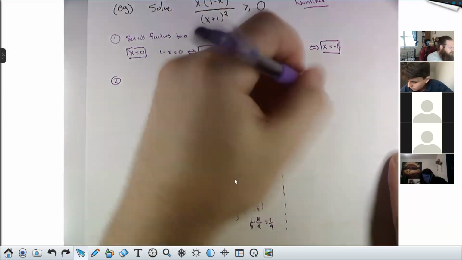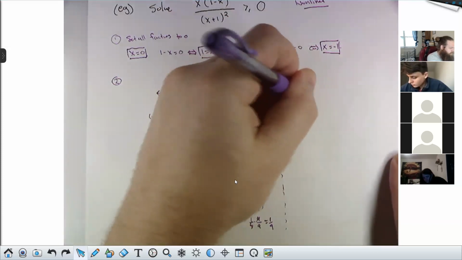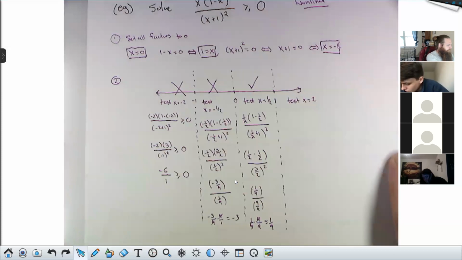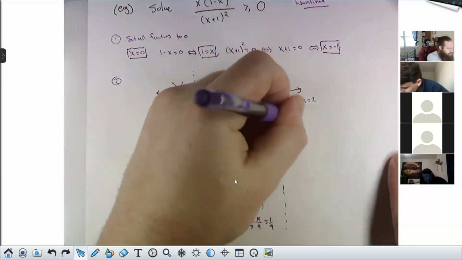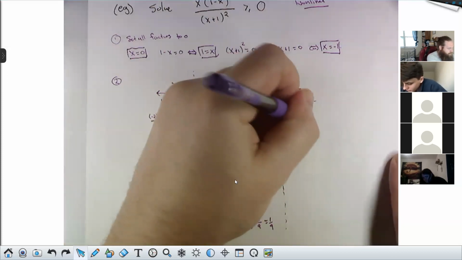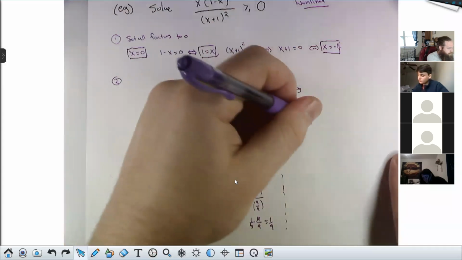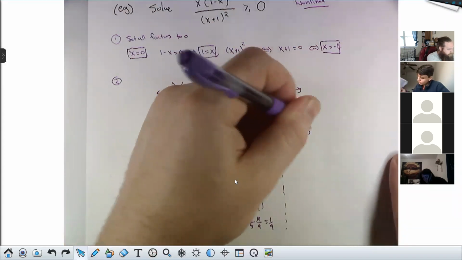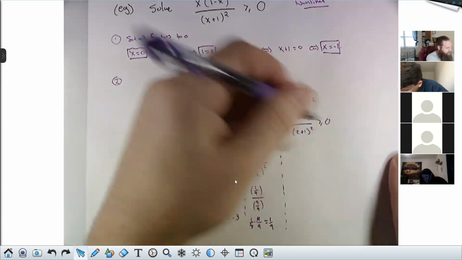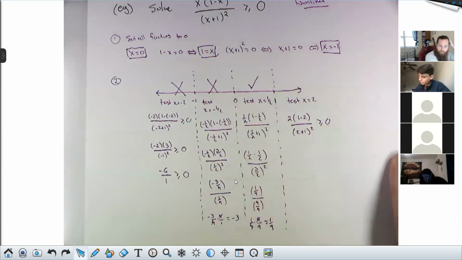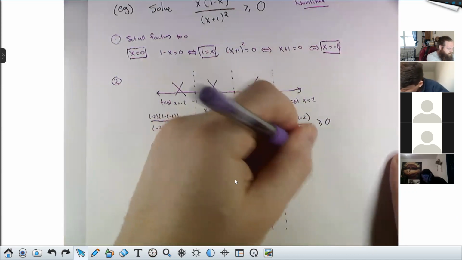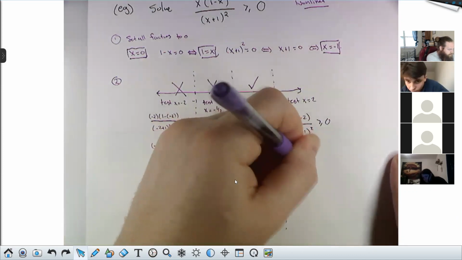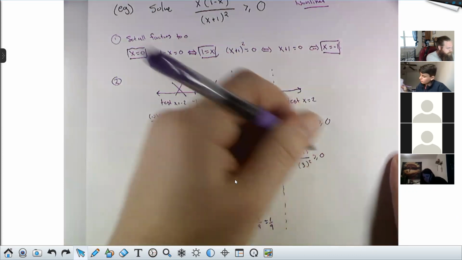And then to the right of 1, I could test x equals 2. And that's going to give me 2 times 1 minus 2 divided by 2 plus 1 quantity squared is, I've got the room now, so I'll write the greater than or equal to 0. That's 2 times 1 over 3 squared is greater than or equal to 0.